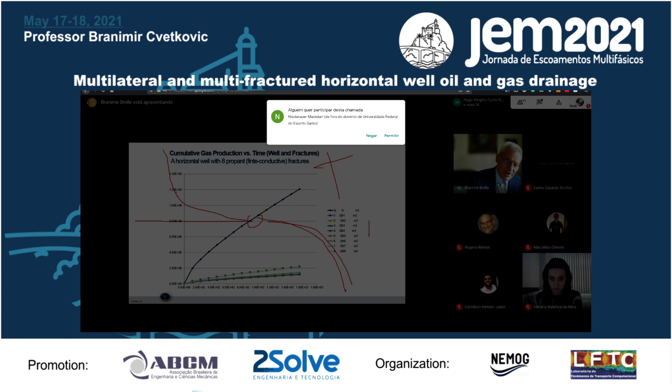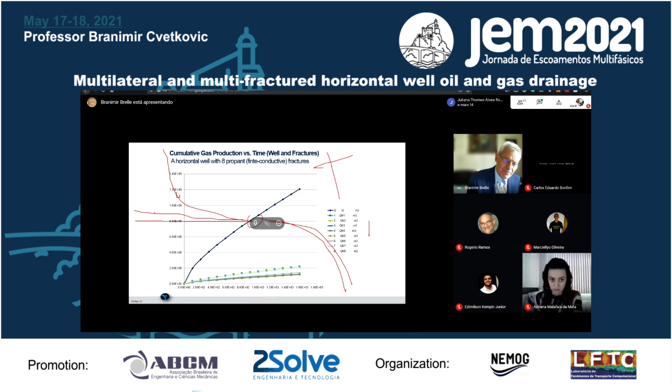This means I'm draining a small reservoir, and this means I'm draining a big reservoir. You see, the decline in pressure is very small. Here, the decline in rate is huge because the drainage radius is small. So this is a really nice understanding of what is going on.